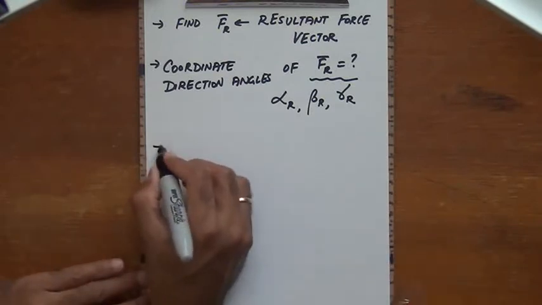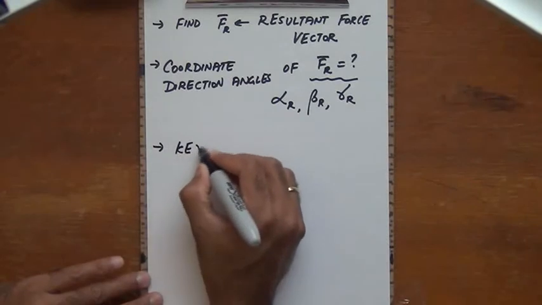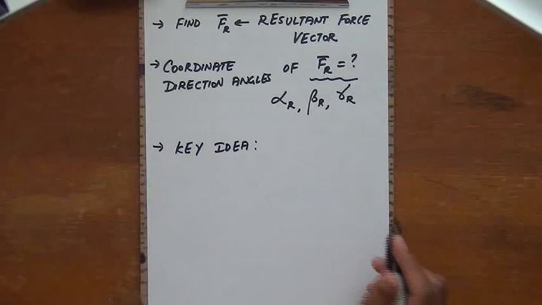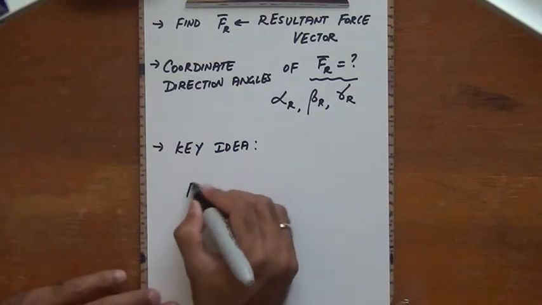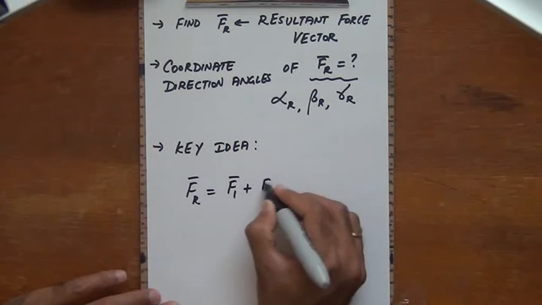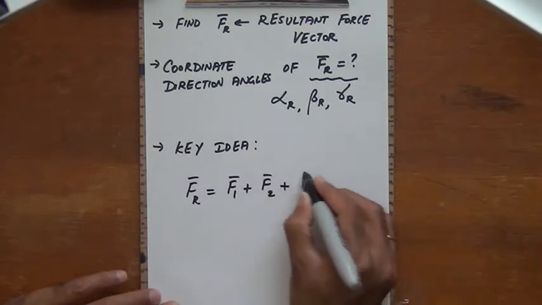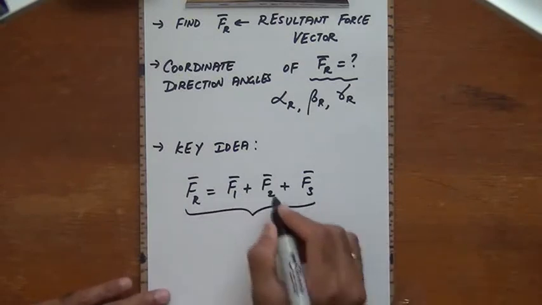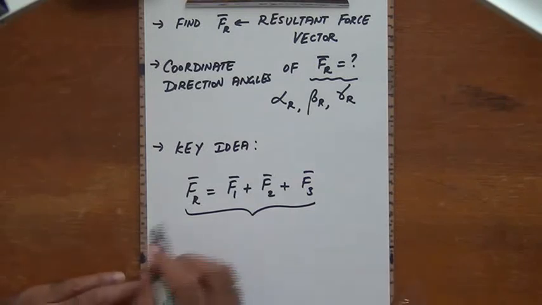What is the key idea here? So the key idea, as we have seen for resultant force vectors in 2D, Cartesian 2D, the same thing holds true in 3D as well. The resultant force vector is going to be the vector sum of the individual force vectors, which means that I want to write out each of these F1, F2 and F3 as Cartesian vectors.